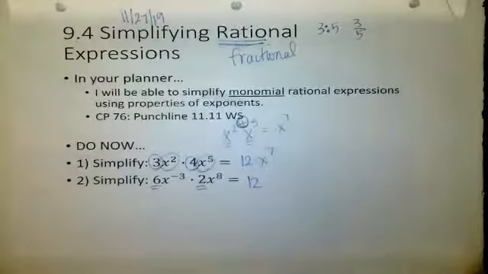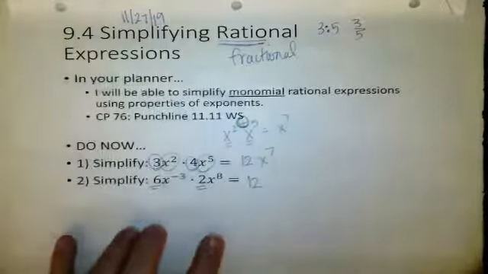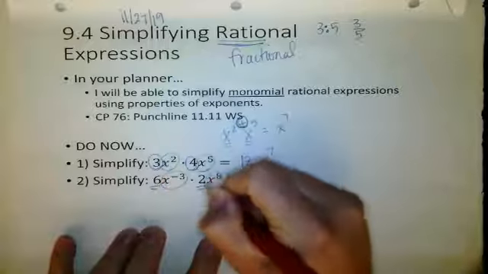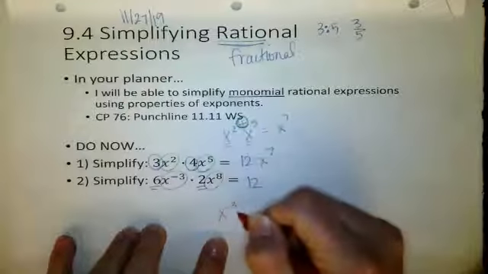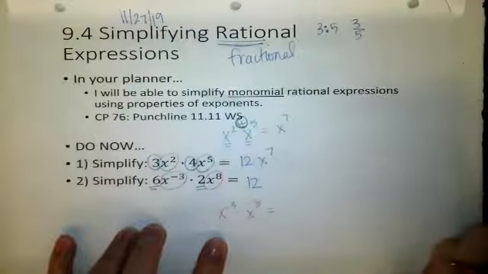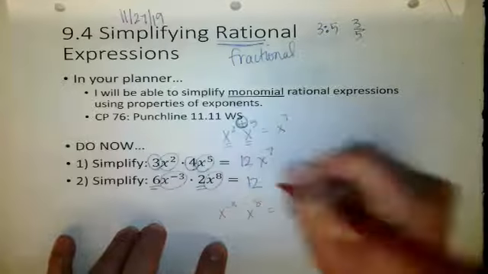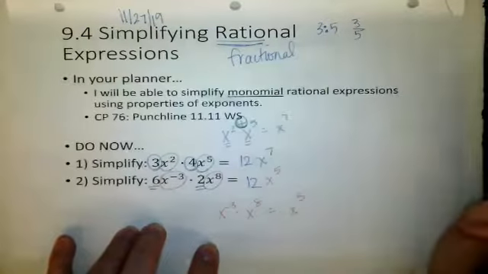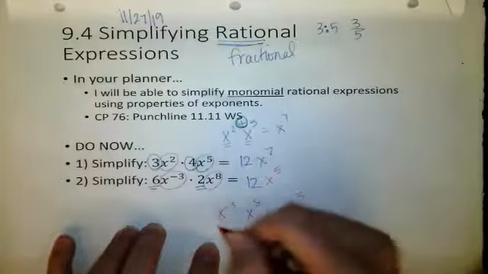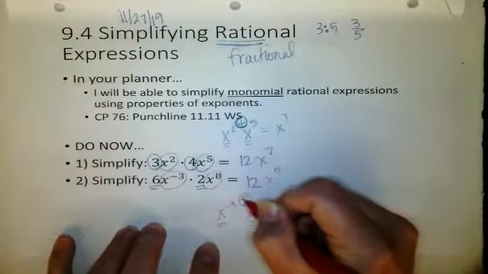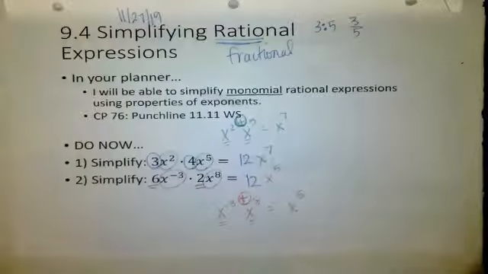Numbers are normal. We know what to do to multiply numbers. And then what do you do with x to the negative 3 times x to the 8th? X to the 5th. Why? Same base. We add the exponents in a product. When you have the product with the same base, you add the exponents.